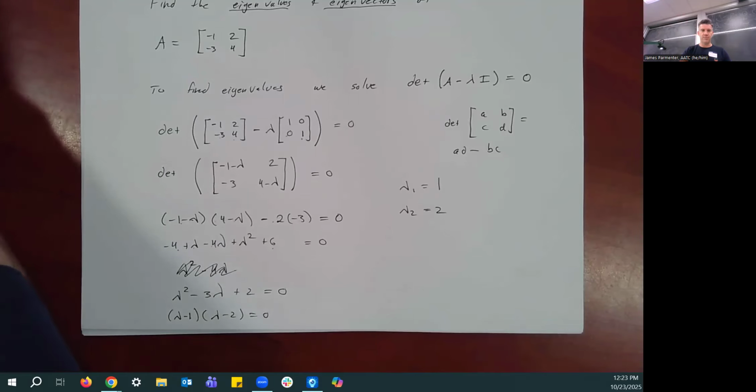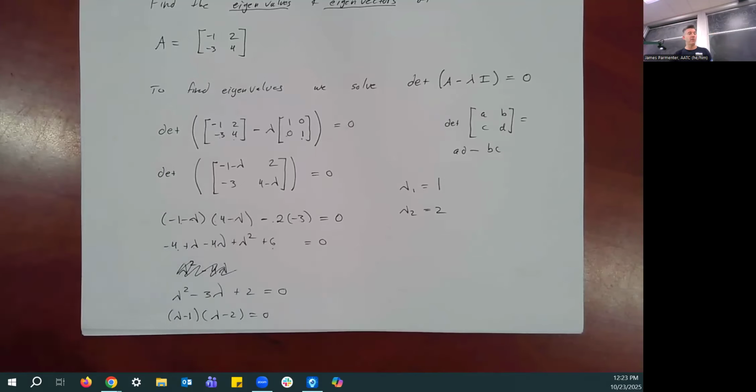Let's see. What else do I want to say here? Oh, yeah. I will point out there is another way to get to this equation, which you might have learned last quarter.